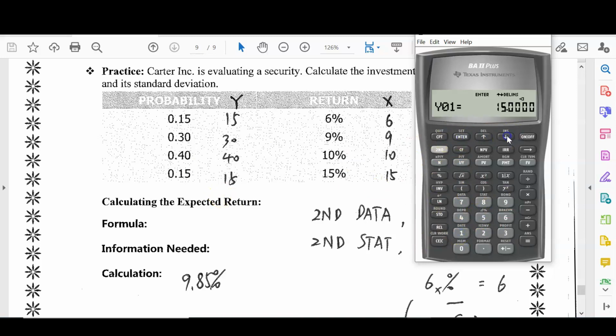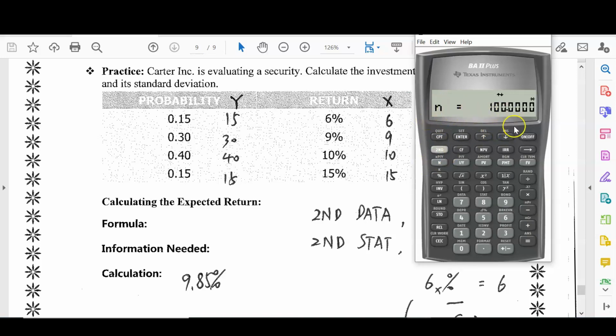Okay, no other things. And we need to go to second stat. Okay, second stat. Keep pressing second set until you see one variable, because I already did it for the last question, so we just see 1V here.